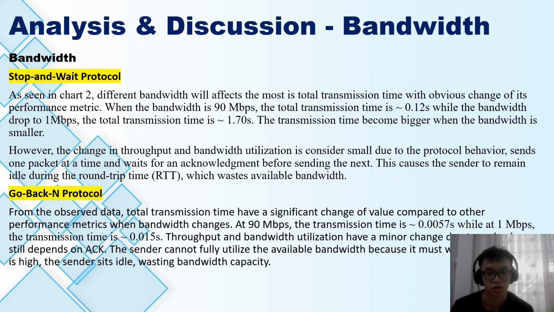Throughput and bandwidth utilization have a minor change, and it still depends on ACKs. The sender cannot fully utilize the available bandwidth because it must wait for ACKs. If RTT is high, the sender sits idle, wasting bandwidth capacity.